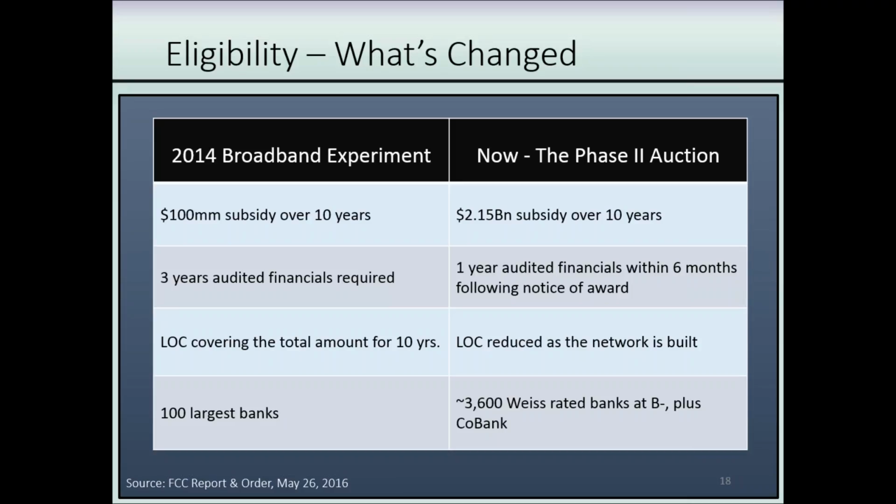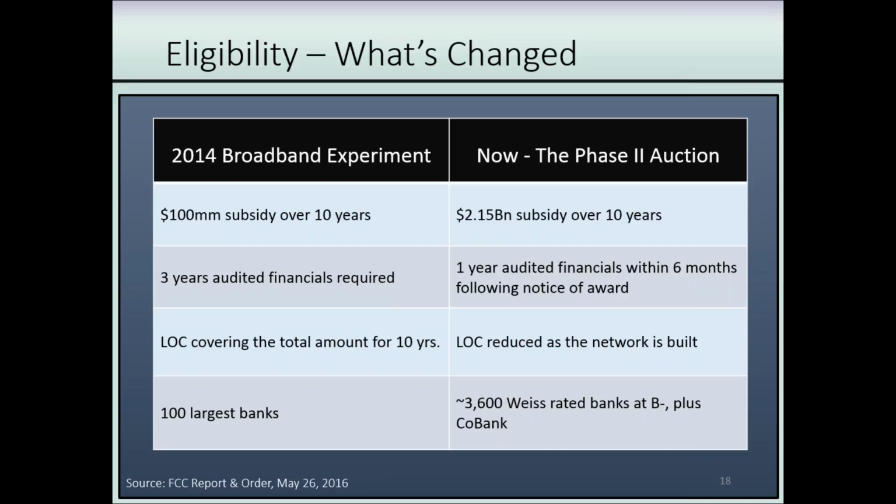The letter of credit needs to be discussed here. What that is, is a mechanism for the FCC to protect the public interest in providing the money to you, that you have made commitments to serve certain levels of performance in your area of interest, and this letter of credit is money that can be pulled by the FCC should one fail to meet those requirements.